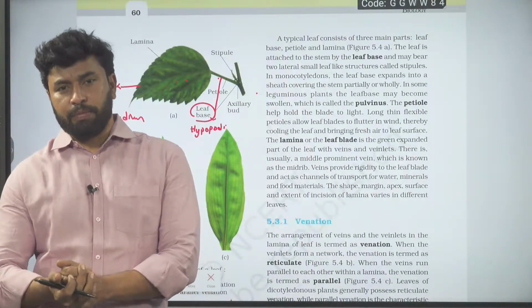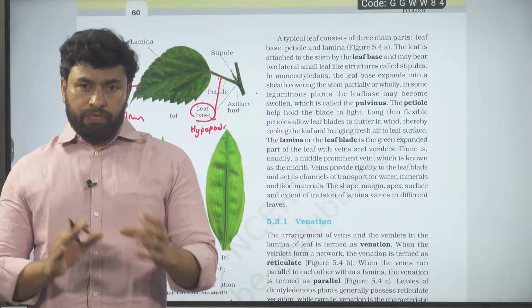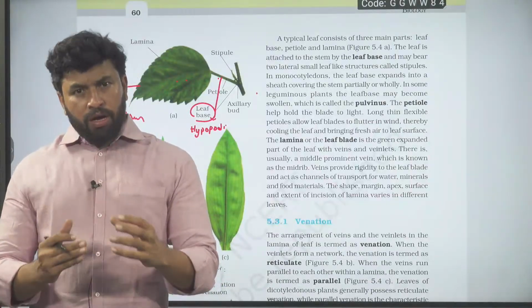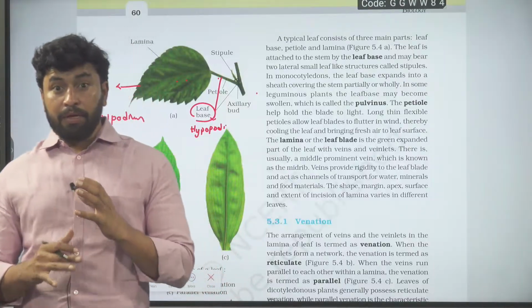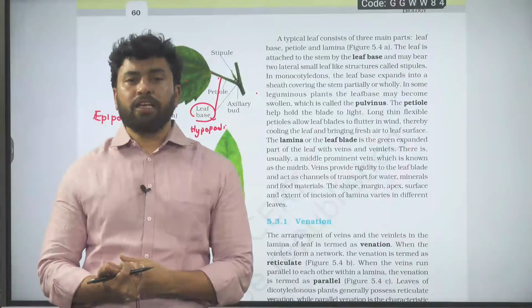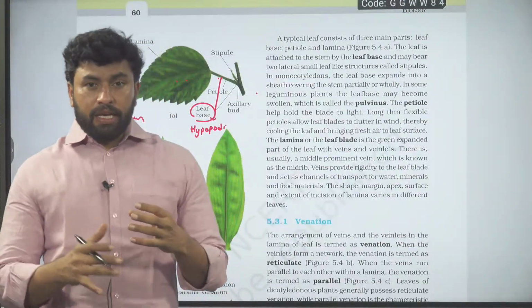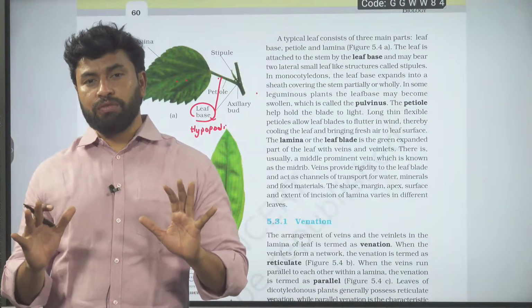You will read this statement: rarely the stem stores food, the root can also store food, but we don't say the leaf lamina can store food. Rarely, in some cases, the leaf base can store food, but majorly the leaf lamina does not store food.